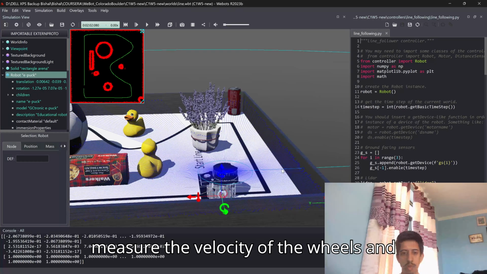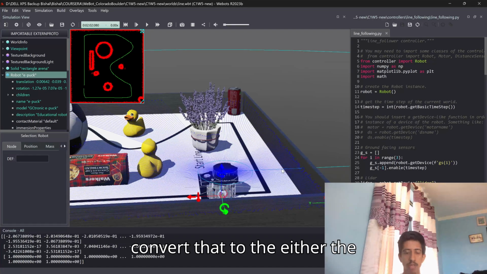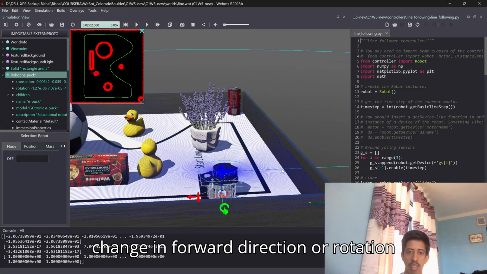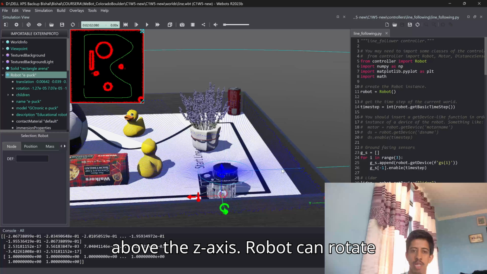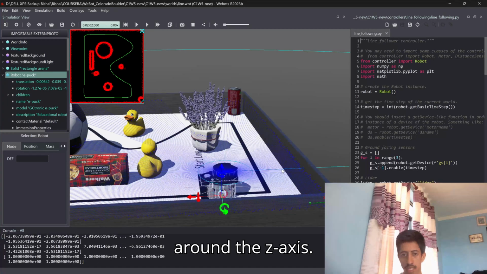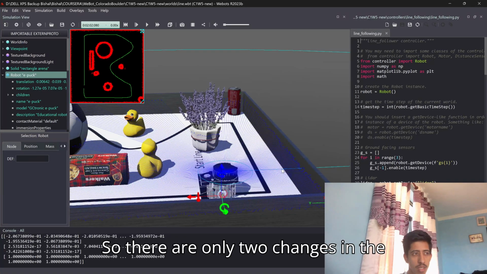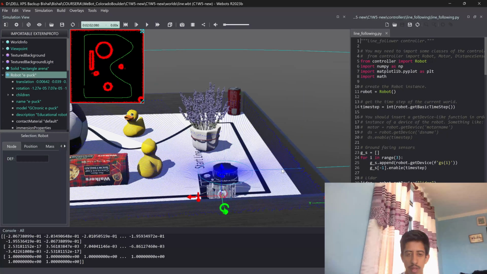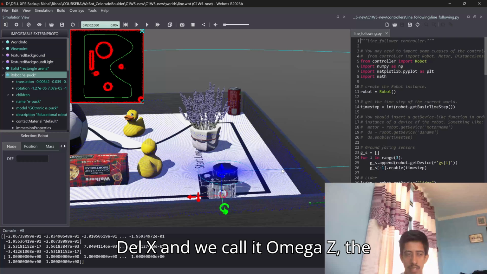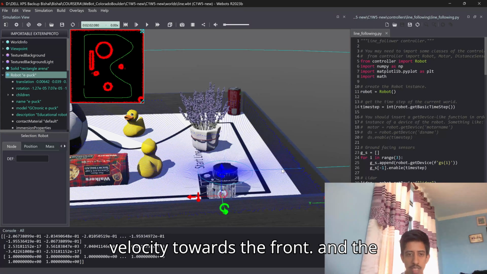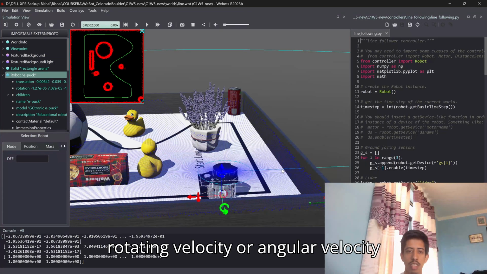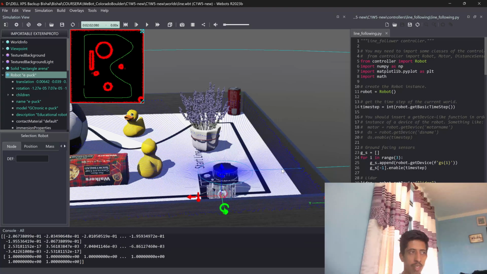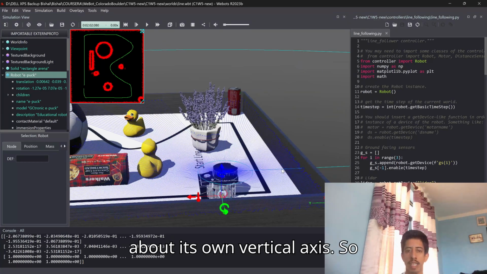We measure the velocity of the wheels and convert that to either the change in forward direction or rotation about the z-axis. So there are only two changes in the robot's position in its own frame: delta x, the velocity towards the front, and omega z, the angular velocity about its own vertical axis.